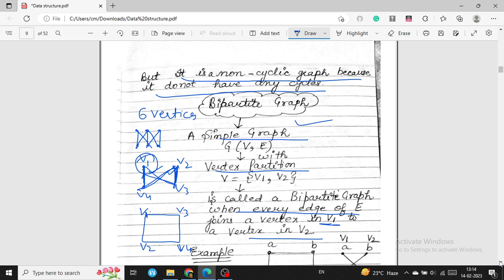When every edge of E joins a vertex in V1 to a vertex in V2, meaning every edge has one end connected like this, that is known as a bipartite graph.